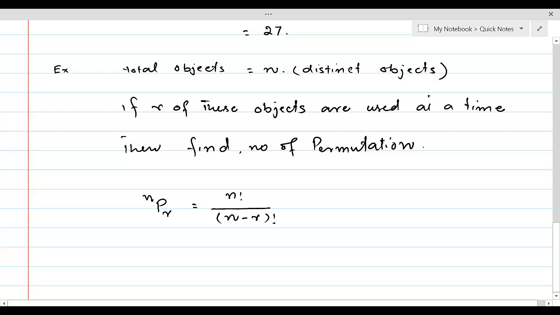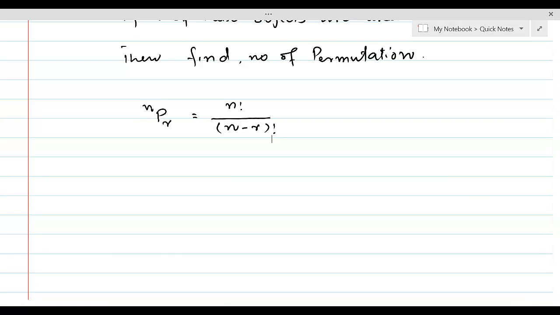This is what we want to prove, that out of total n distinct objects, if r of them are being used at a time, then the total number of permutations is equal to n factorial over n minus r factorial. Let's get started with this.